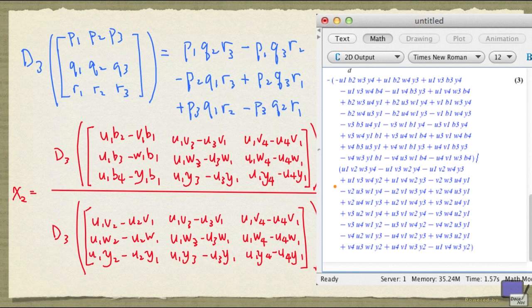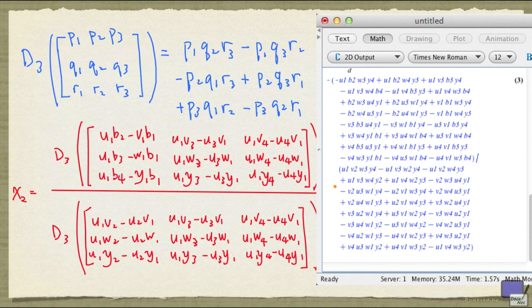Now let's take a closer look at this, the denominator here. Each term has exactly one u, one v, one w, and one y. And the indices are always 1, 2, 3, 4, but in some permutation. So each of these terms has exactly one index from each column and one element from each row.